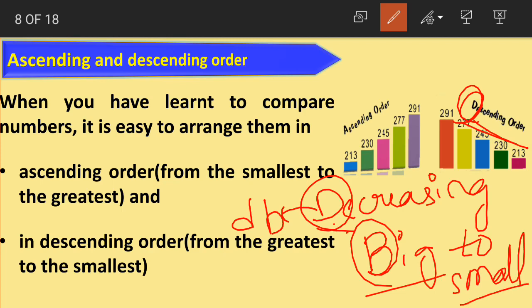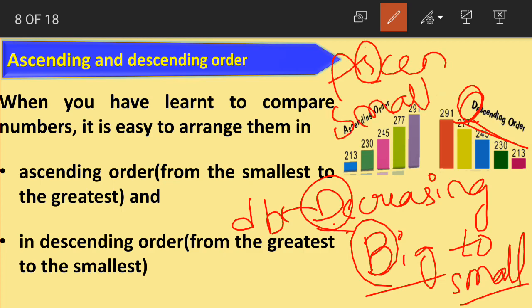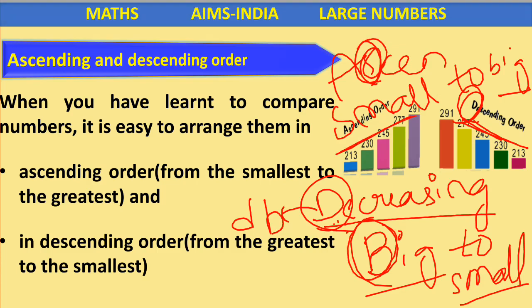And it becomes the opposite for ascending order. In ascending order, we have S in the second place, small to big. So in ascending order, we write numbers from small to big. Or else if you remember that in descending we write in decreasing, D for descending, D for decreasing, it is okay. Okay, children, ascending order small to big, descending order big to small.